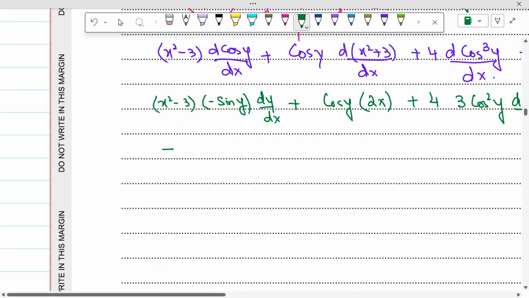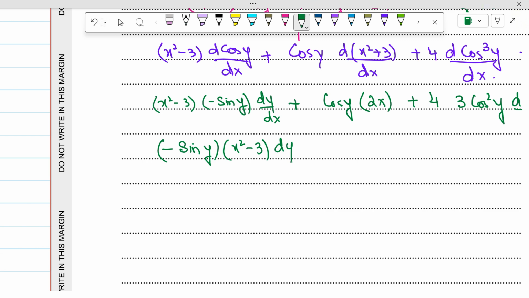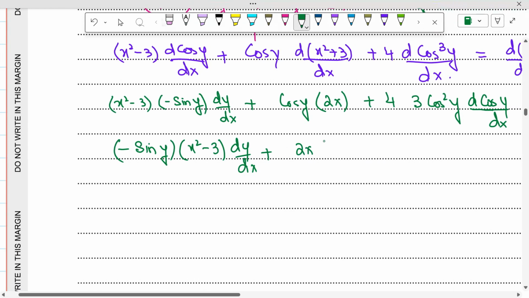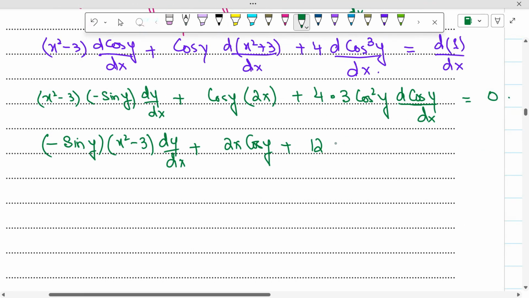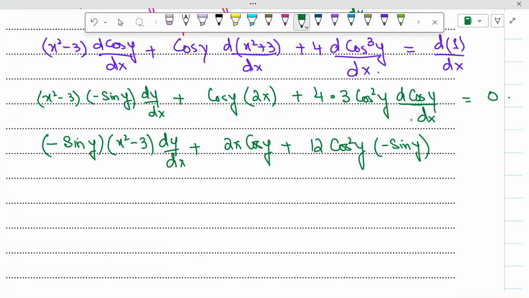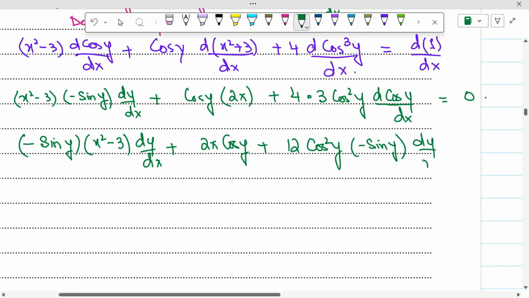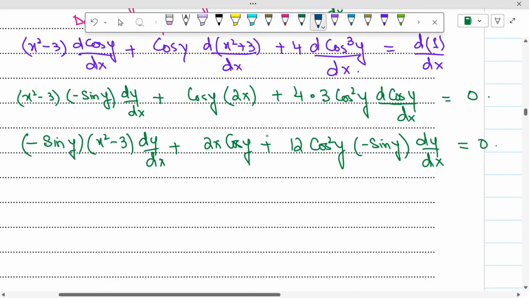Further solving, you will have negative sin y times (x² − 3) times dy/dx, plus 2x cos y, plus 4 times 3 is 12 cos² y times the derivative of cos y, which is negative sin y, and then the derivative of y, which is dy/dx, equal to 0.